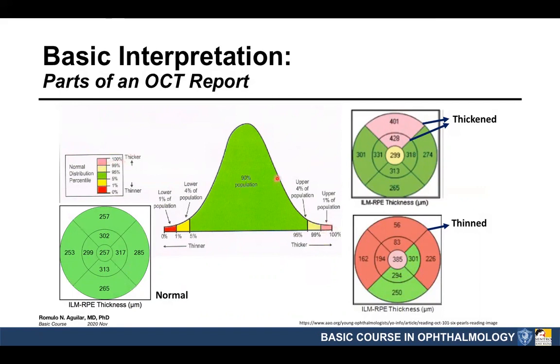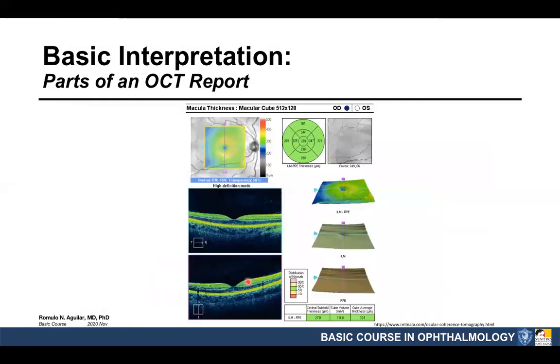If you see pale yellow, that is also thick, belonging to the upper 4% of the population. If you see red, that is very thin, belonging to the lower 1% of the population. And if you see bright yellow, that is also thin and belonging to the lower 4% of the population. So that's what the color codes mean when you look at the thickness map in an OCT report.